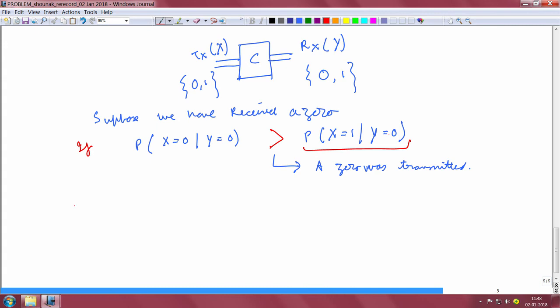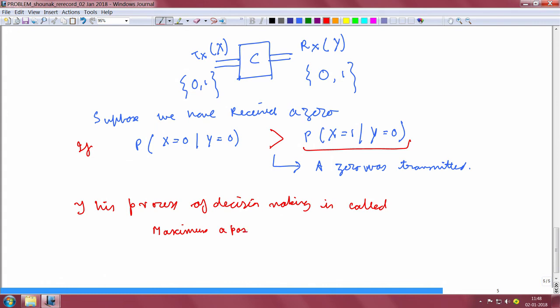So, this process of decision making is called MAP, the maximum a posteriori probability.